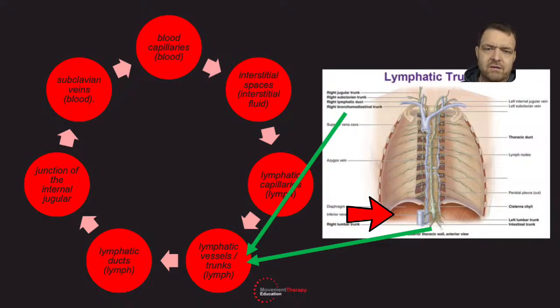Going out of the heart, though, probably isn't the best comparison. It's probably best to use veins, because it's the other way around. You've got your capillary network, then your venules, which are your smaller veins coming back, and then your main veins, and then your superior vena cava and inferior vena cava.